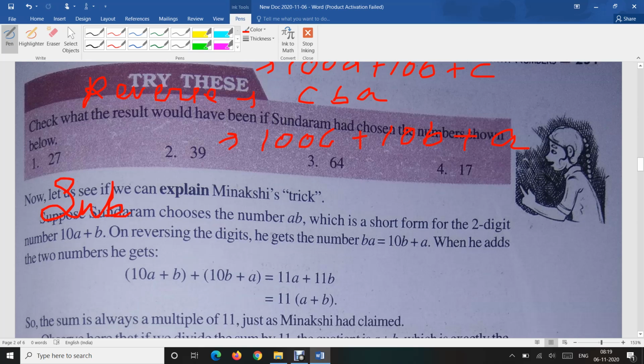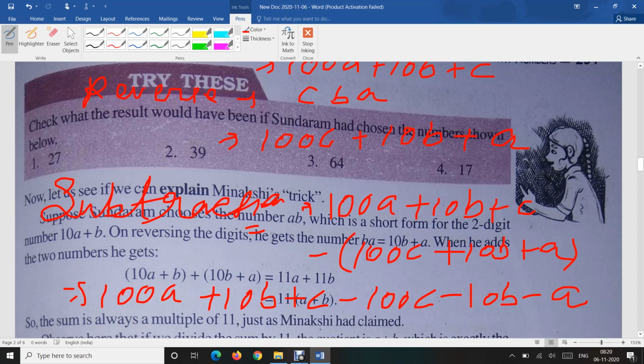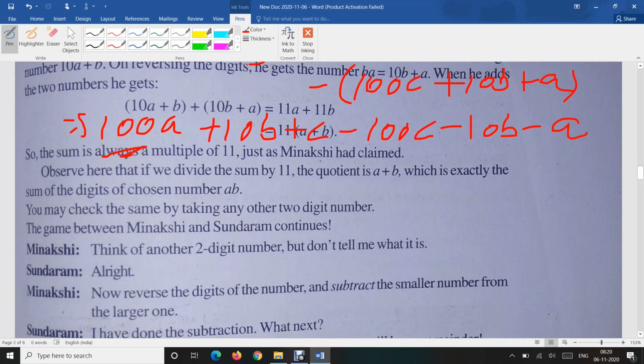Now see the subtraction here. You have to subtract these two equations. The first equation was 100A plus 10B plus C, minus the second equation 100C plus 10B plus A. When you open these brackets, you will get 100A plus 10B plus C minus 100C minus 10B minus A. So let us solve this expression. 100A minus A, 100 minus 1 is 99, so it will be 99A.